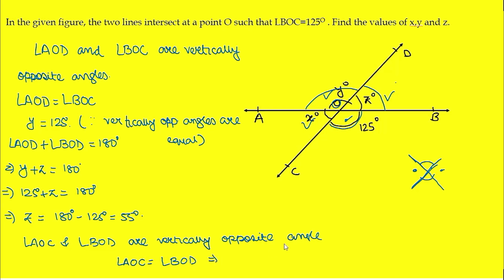Angle AOC is X and angle BOD is Z, and Z measures 55 degrees. So the measurement of X is 55 degrees. Here we have found the values of X, Y and Z.